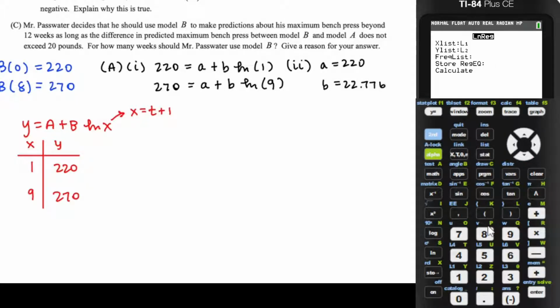I don't think I'm going to store that regression equation because there's something a little bit off with that t plus 1 thing. I think it's interesting that the log regression didn't quite give me the exact value. Let me make sure I typed that in right, because that's 756.